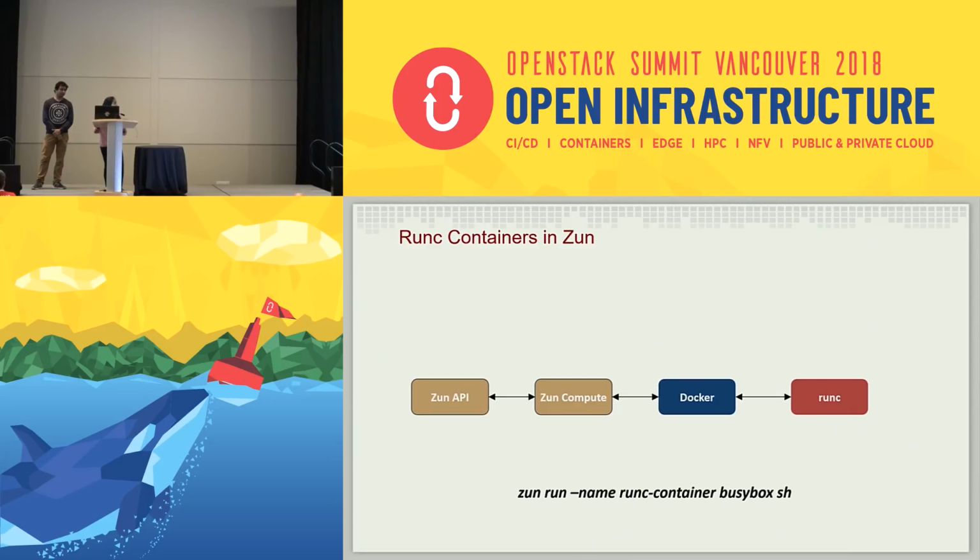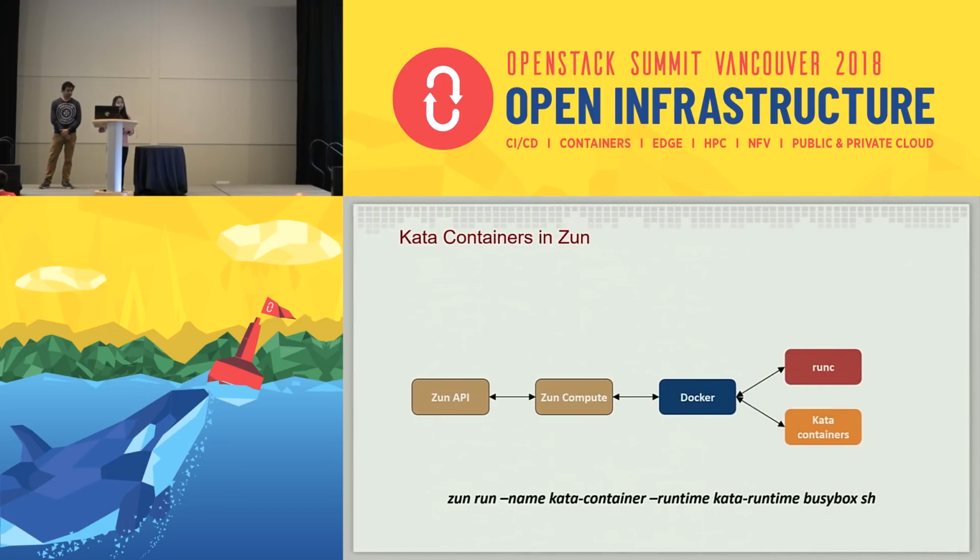By default, we support the runc container in Zun. This is the workflow: the request goes from Zun API to Zun compute, and then Docker, and then the runc runtime. Similarly, we have one more runtime supported. The Clear Container, we have not mentioned it here because we'll be removing it to support Kata Containers. In this case, Docker will have multiple runtimes configured.